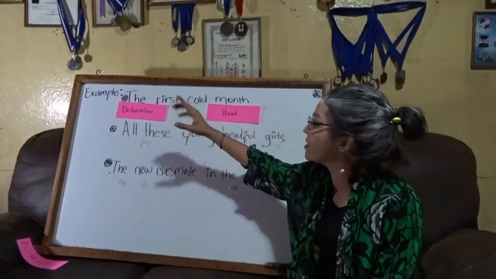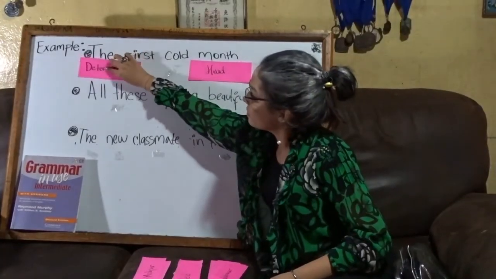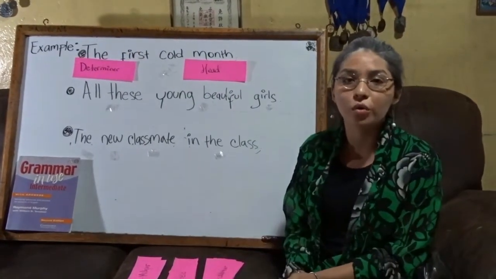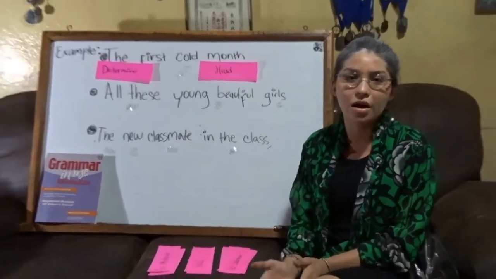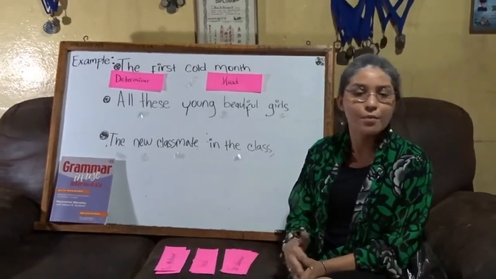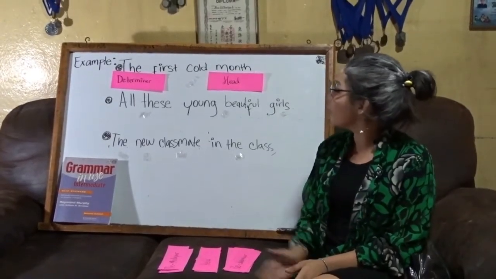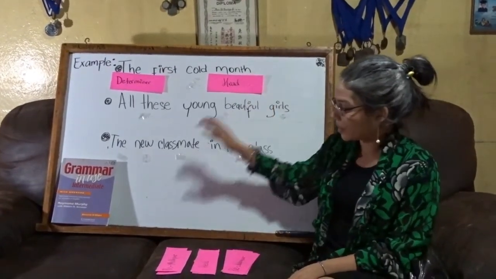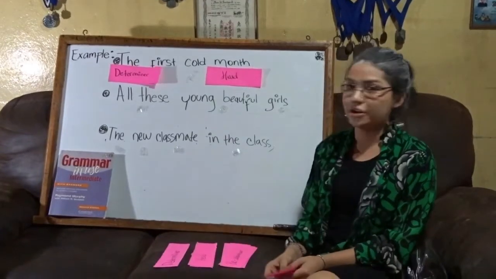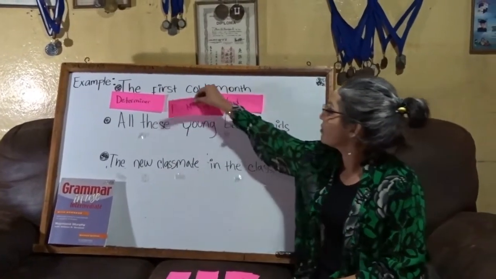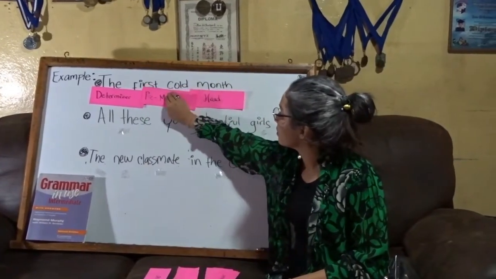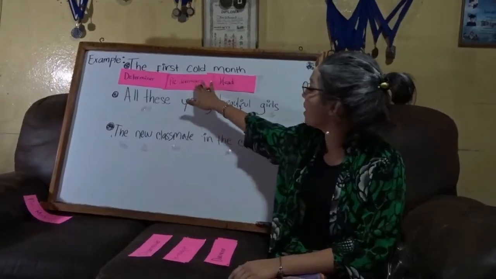The determiner is the, because as far as we know, the determiner can be an article, for example a, an, the, among others. And then we have the head. The premodifiers come before the head. That's why there is a before the head.